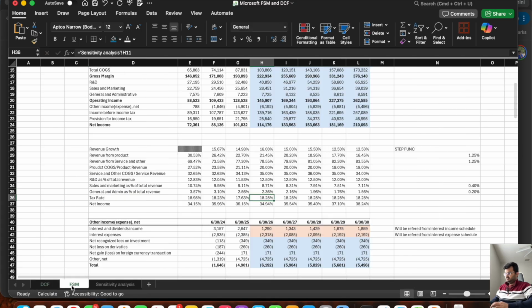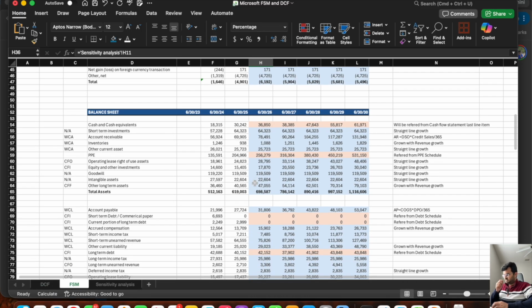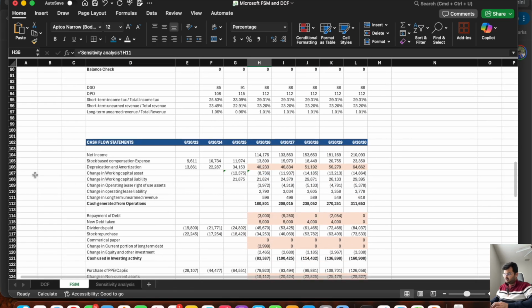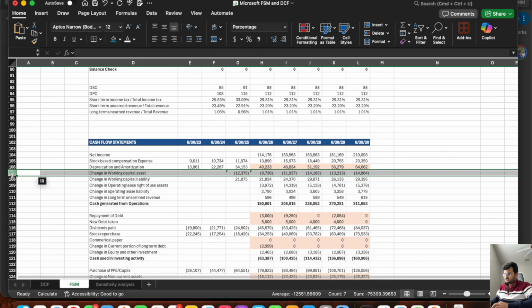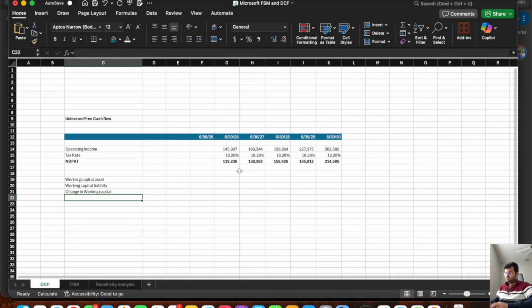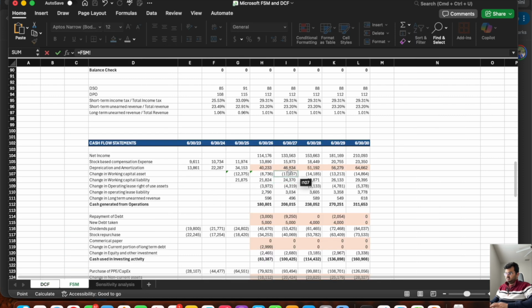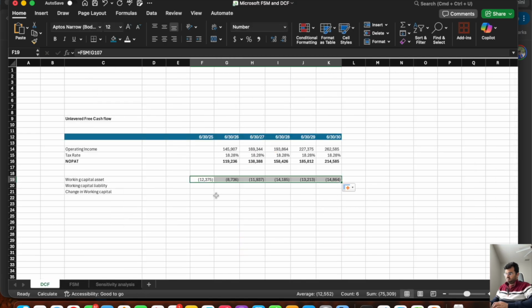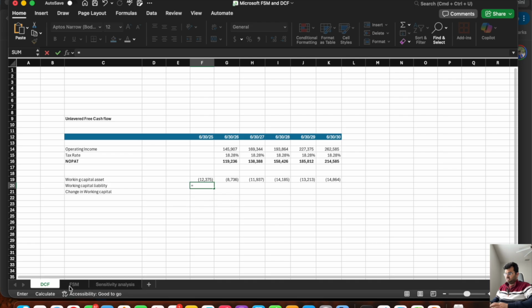So here, if you have watched the previous entire series, I have calculated two line items, which are change in working capital asset and change in working capital liability. These are the two inputs which I need here now. So what I can do is just link this. If it is asset, this is the number, and if it is liability, this is the number.